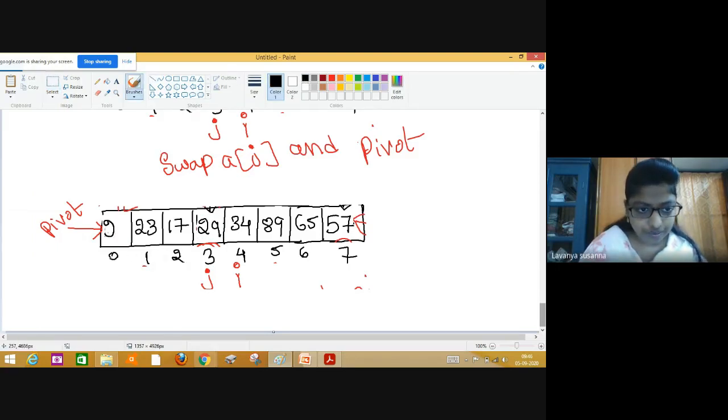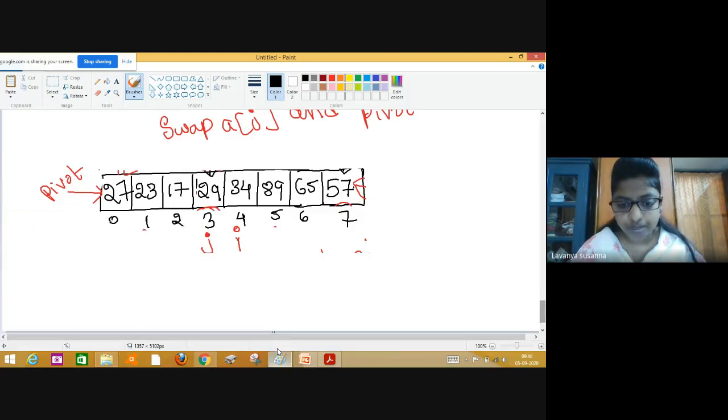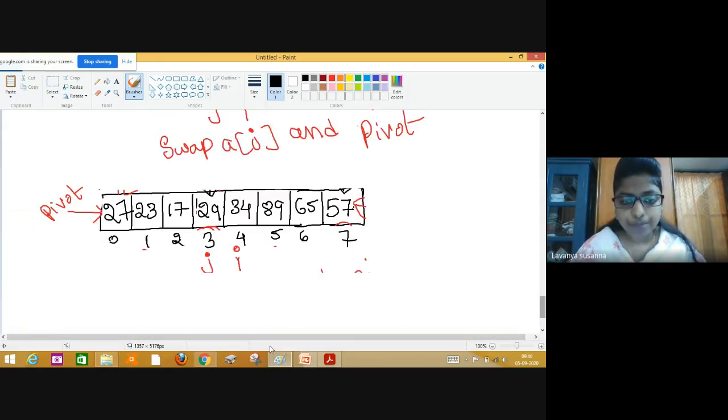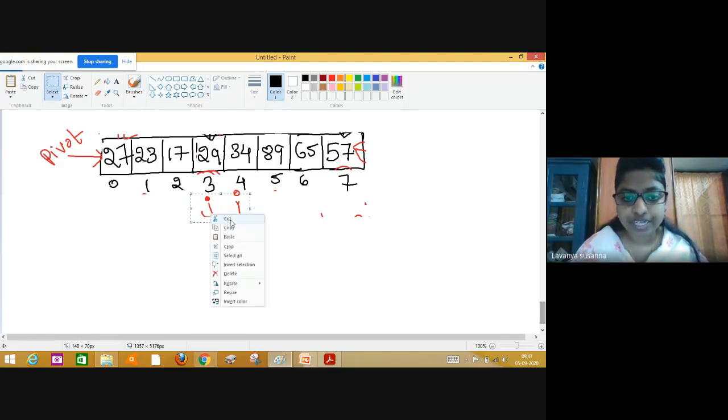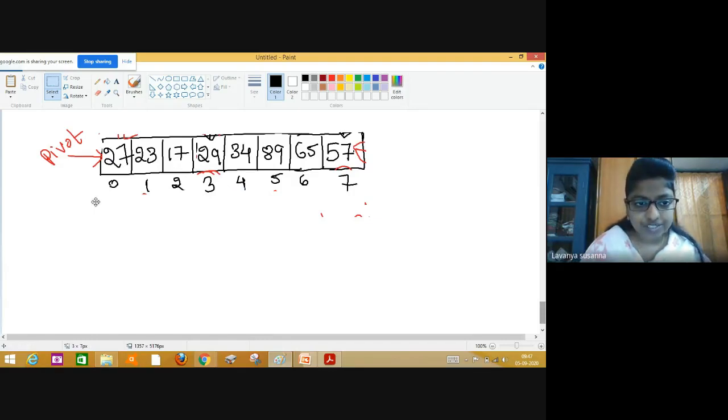27 must come to first. Now, when you have swapped the pivot element, remember this is important, listen carefully. When the pivot element is swapped, 29 came to the 3rd position. When the pivot is swapped, you need to divide the list into 2 halves.